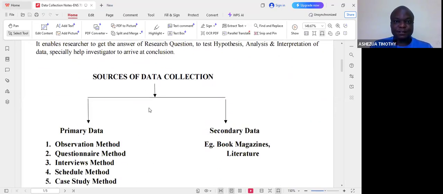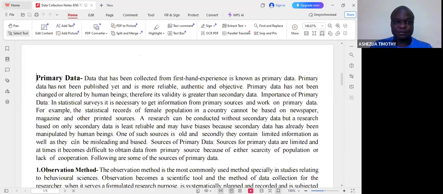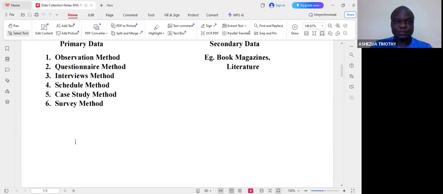We have basically 2 sources: the primary data and secondary data. For the primary data, we have observation method, questionnaire method, interviews method, schedule method, case study method, and survey method.